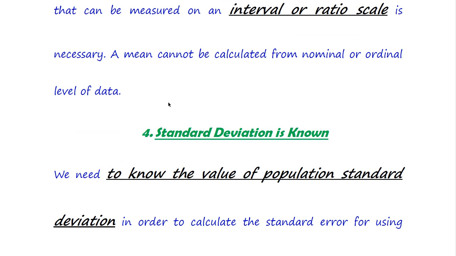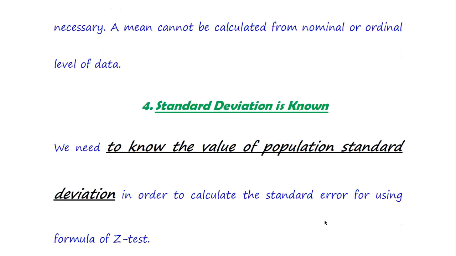The fourth point is standard deviation. The standard deviation is assumed to be known. We need to know the value of the population standard deviation in order to calculate the standard error using the formula of the z-test. As you know, in our formula of the z-test, x bar minus mu over sigma over square root of n, we need to know the value of sigma.